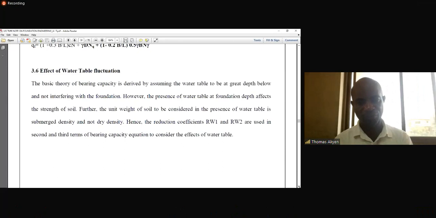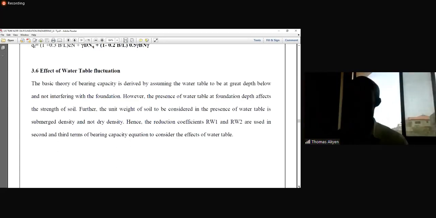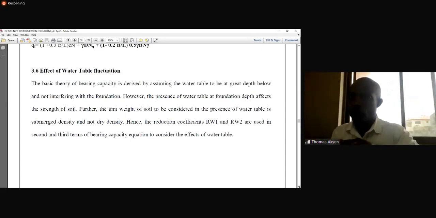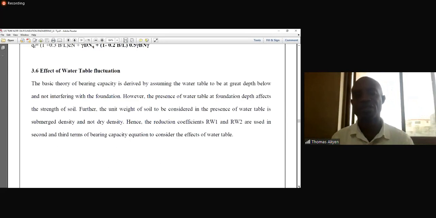The depth of the water table should be measured to where the foundation is. However, the presence of the water table at foundation depth affects the strength of the soil. When the water table is closer to the foundation, it affects the strength of the soil.